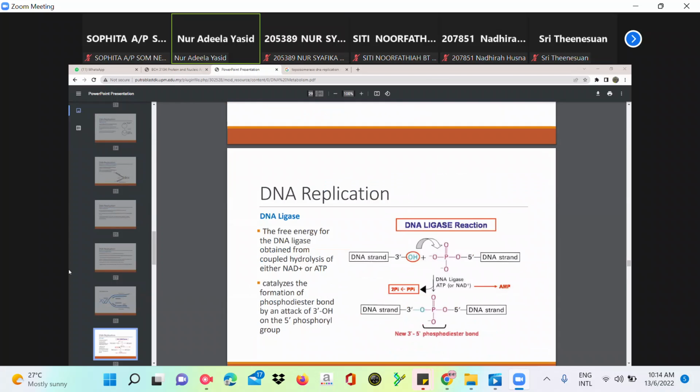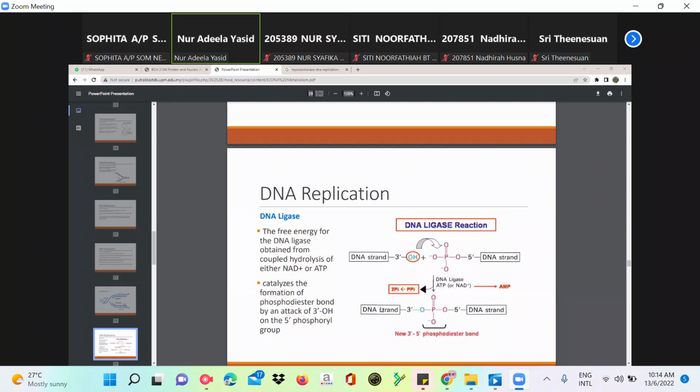How does ligase help join together different Okazaki fragments to form a longer strand of DNA? Basically, ligase helps to catalyze the formation of a phosphodiester bond by an attack of the 3' hydroxyl on the 5' phosphoryl group.